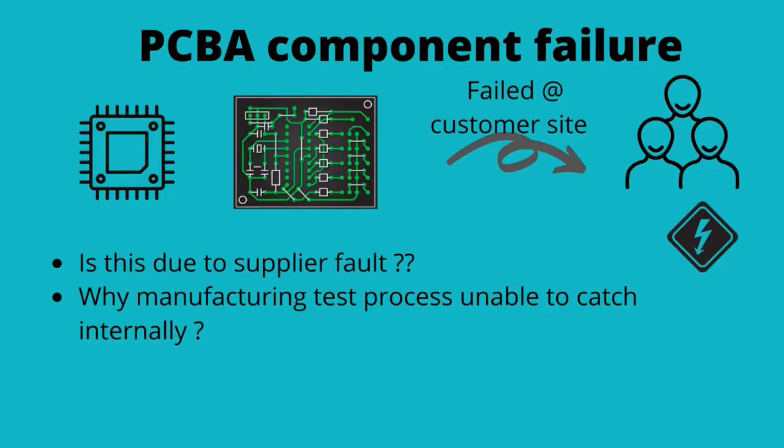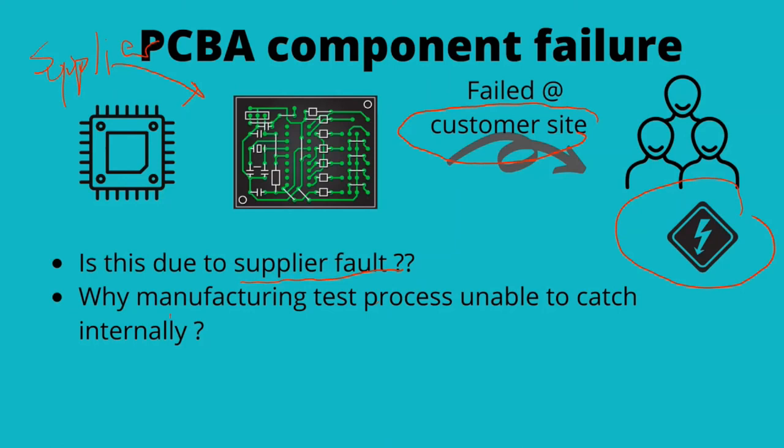There's a printed circuit board that always fails at the customer site. So is this due to the supplier's fault? Because the supplier is the one that supplies the printed circuit board. However, it always fails at the customer site when it's assembled to the end assembly, and there is finger pointing back to the suppliers.